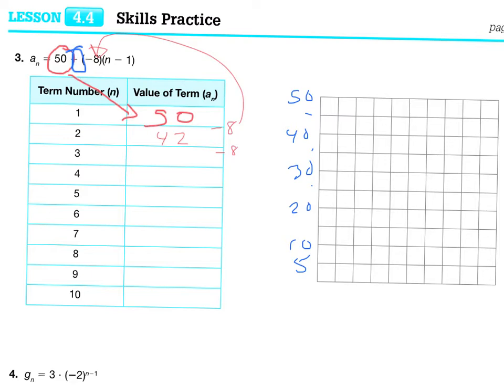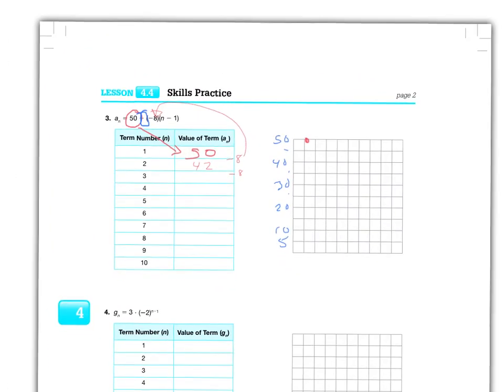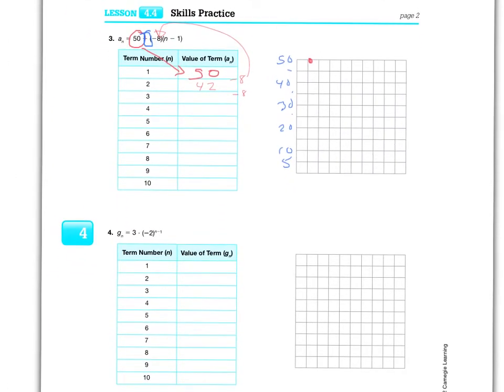So the first one would be 50, right there. Go ahead and do those. Pause it right now while you do that. I'm going to look ahead. Go ahead and pause it and continue once you're ready to do 4.